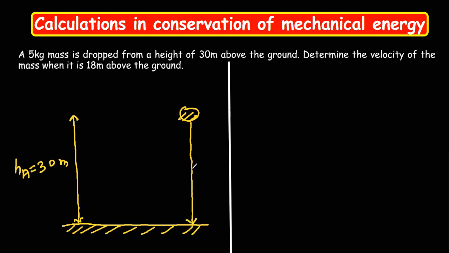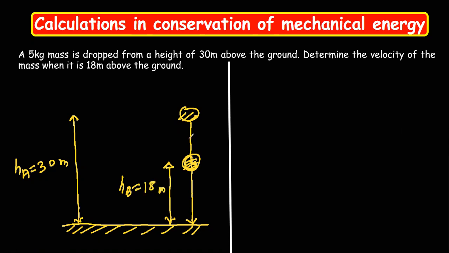When it reaches the ground, it rebounds back, according to the question, to a height of 18 meters above the ground. So this is the object. It rebounds to this height, which we are going to call 18 meters. So let's call this height B, which is 18 meters.